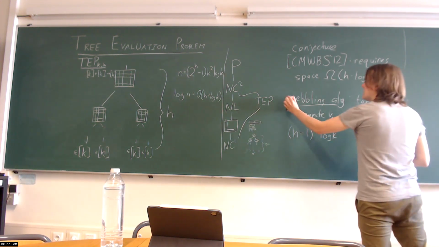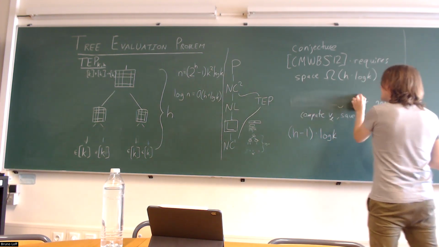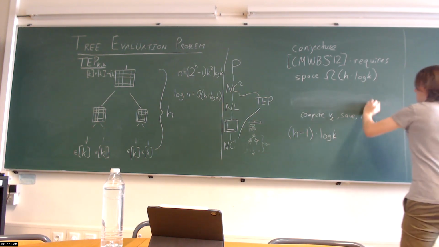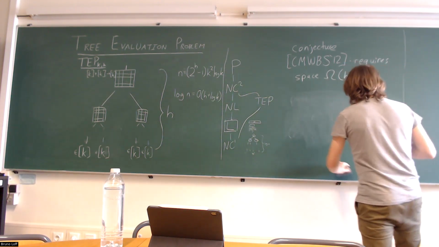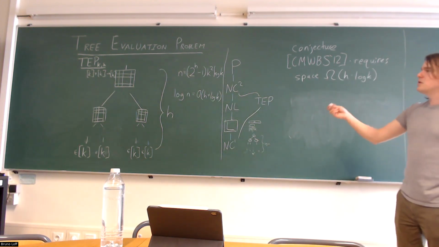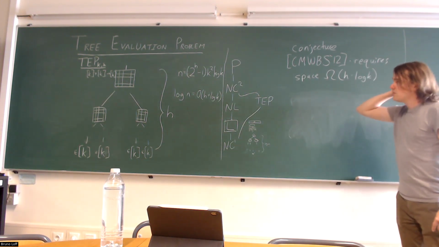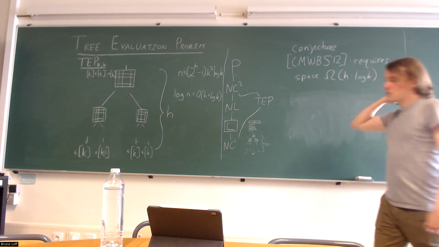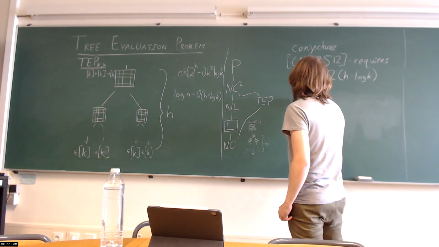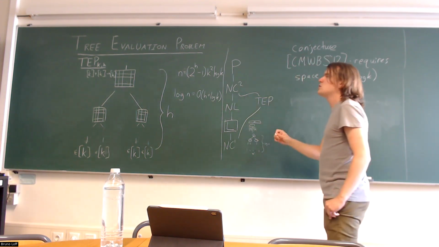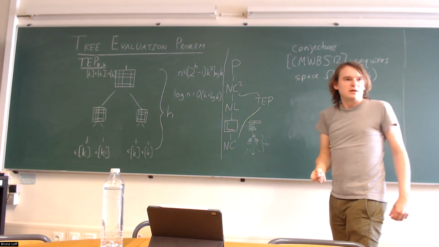I will also say that besides having the pebbling arguments at their disposal, this problem has also appeared in a different setting of lower bounds. So I just want to mention that real quick. You can think of a generalization where I allow not just fan-in two, but an arbitrary fan-in.